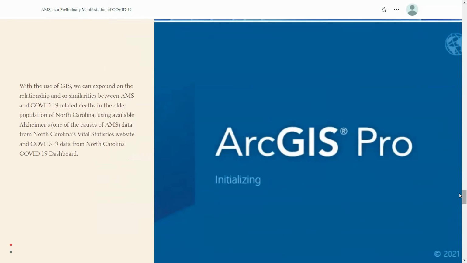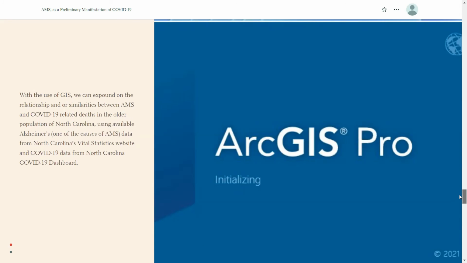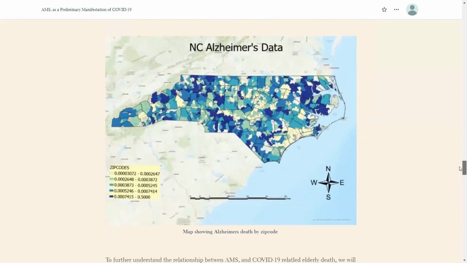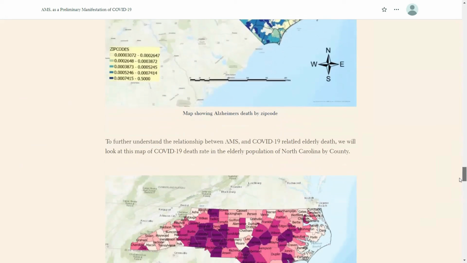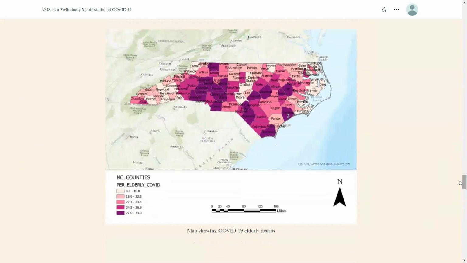Now, with the use of GIS, we can expound on the relationships and similarities between AMS and COVID-19 related deaths in the older population of North Carolina by the use of the available data. But we can only use the data that we can get. Like we saw earlier, Alzheimer's data was at zip code level, while COVID-19 data was at county level.